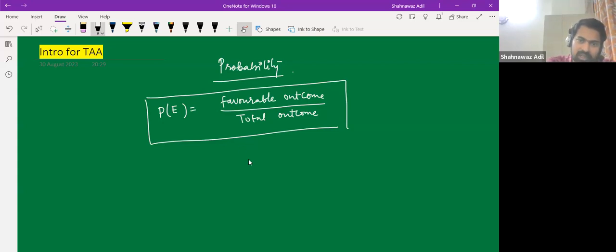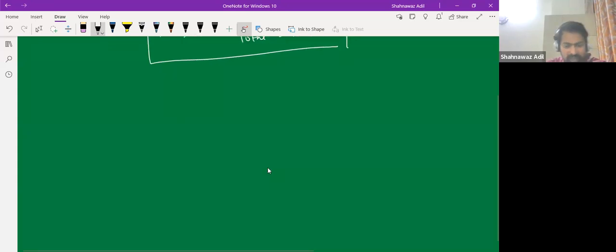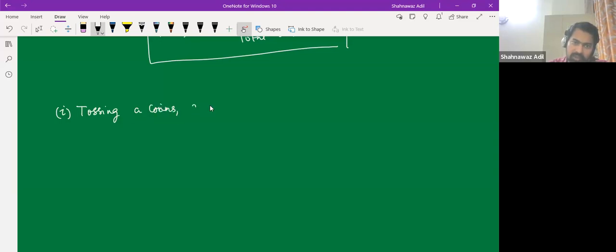Now let us talk about what scenarios we have. First is tossing a coin, 2 coins, or maybe 3 coins. We can toss them simultaneously or toss one coin 3 times, and the result would be the same, right?